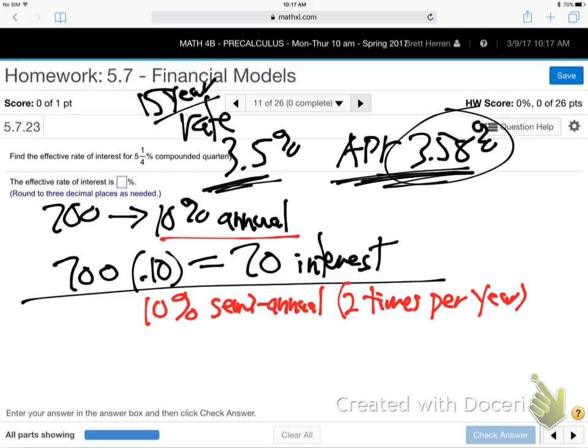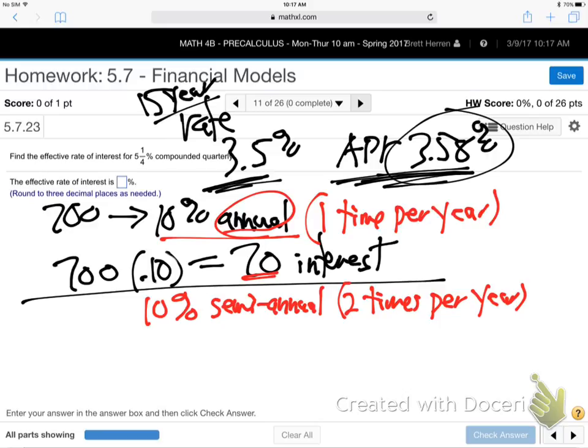Whereas annual means one time per year. I just did one time per year, 10%, got $70 interest. If they say you can invest in this account and they pay 10% semi-annual, it doesn't mean they're going to do 10% twice. That would be way more. That means they're going to do 5% twice.